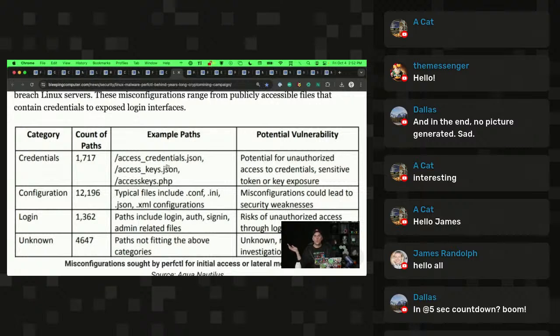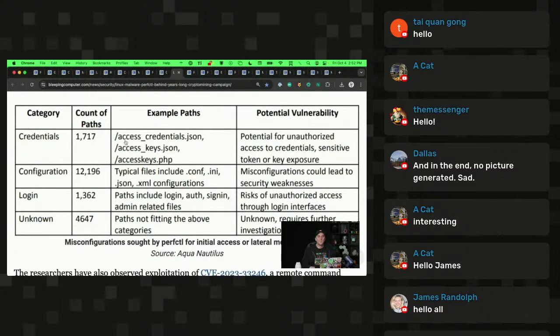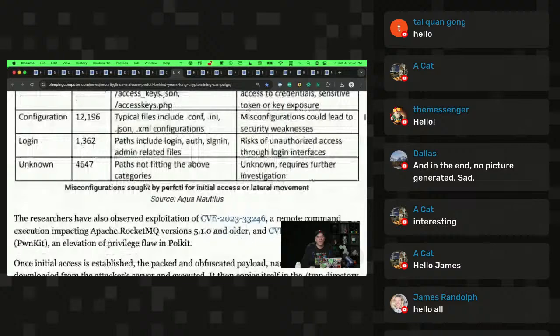So somebody was earning passive income off of this for a considerable amount of time, and it was able to be spread by compromised credentials, misconfigured servers, misconfigured logins, and then a couple unknown infections. And by a couple, I mean 4,647. So you can see the infection paths here, giving you a little bit of a clue of how this was started.